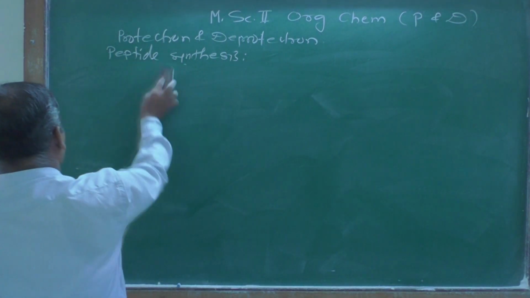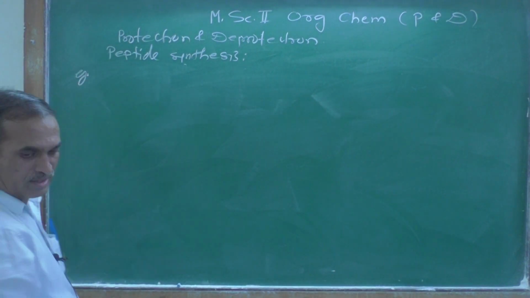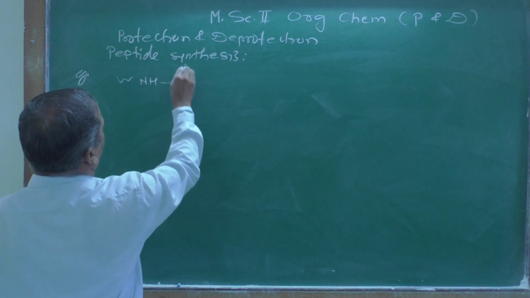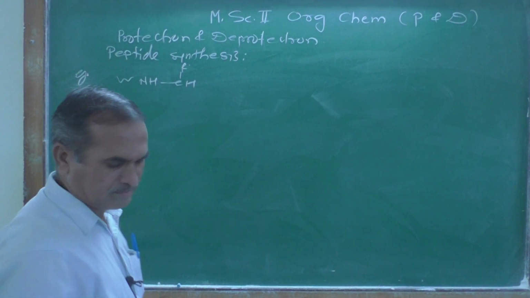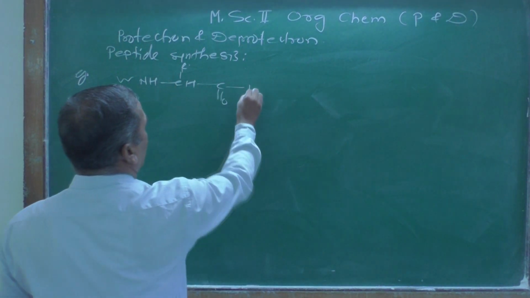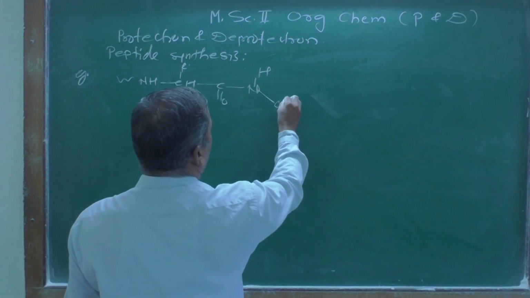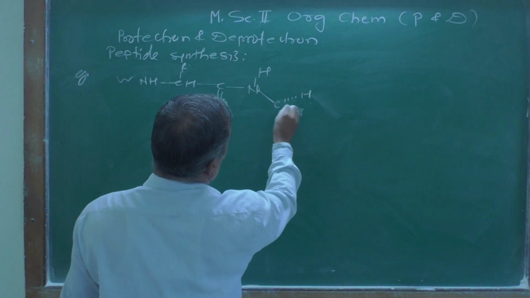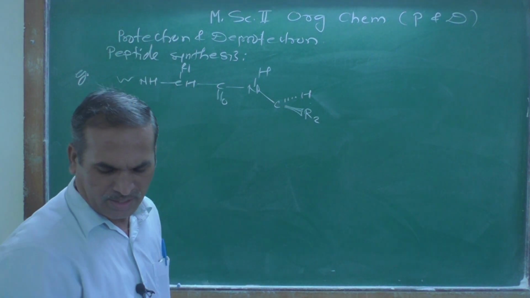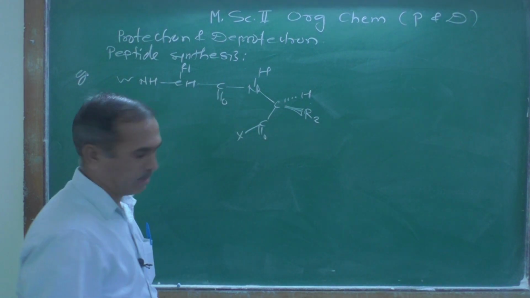For example, suppose we have this compound: NH, then CH R1, then C=O, then NH, then C with a hydrogen atom, and this is R2, then C=O and X. This is activated, right?